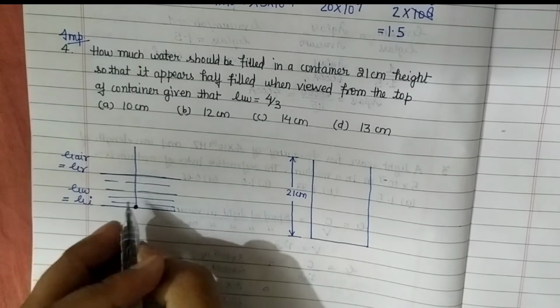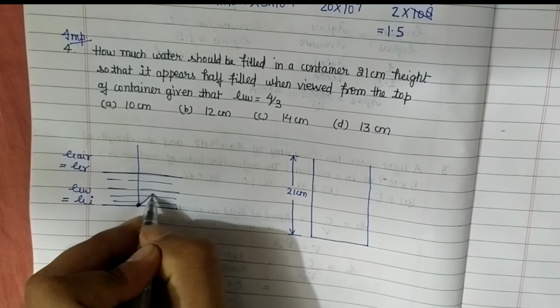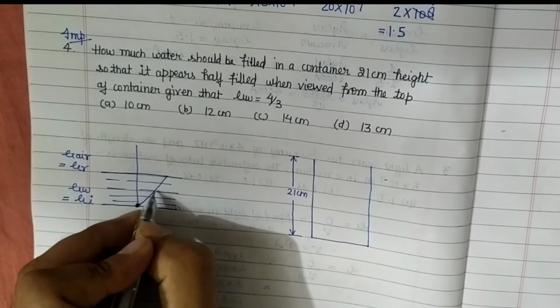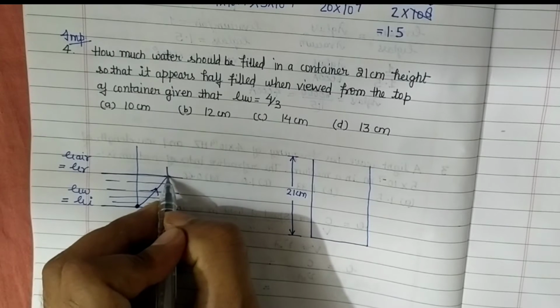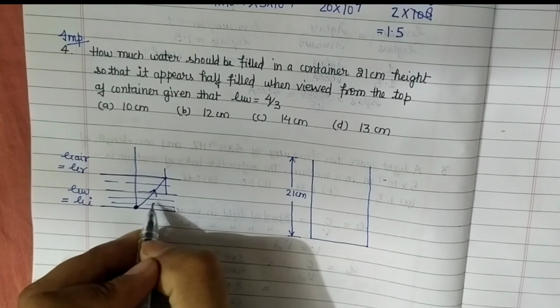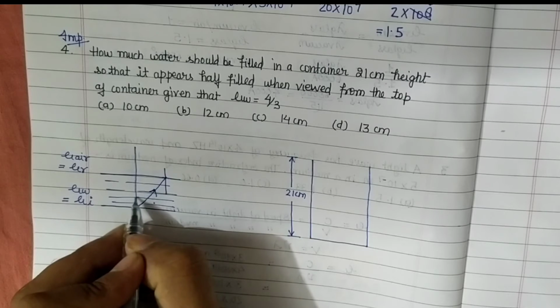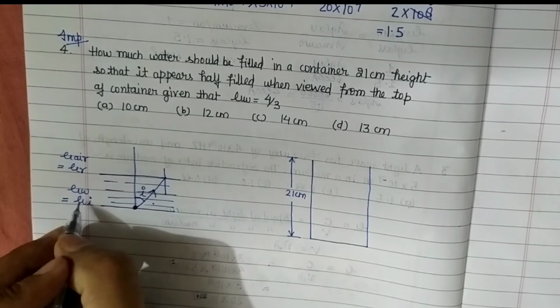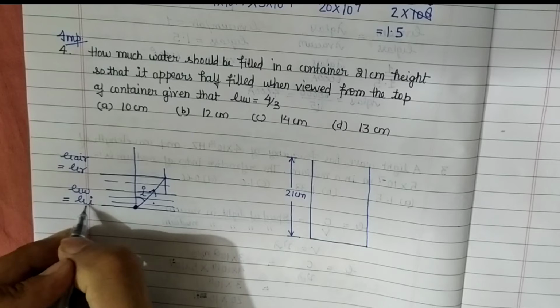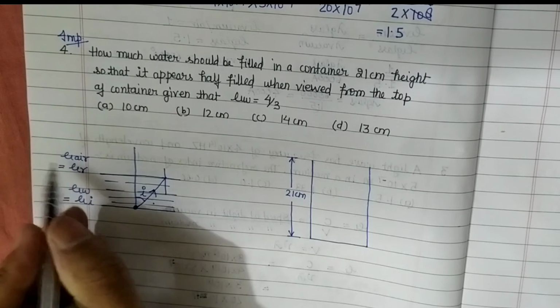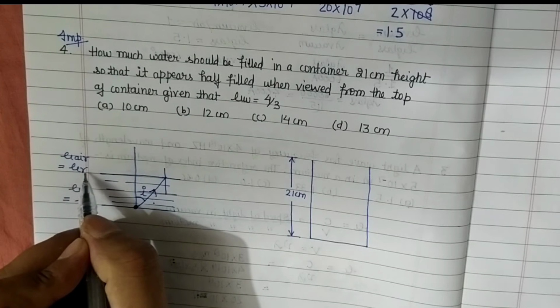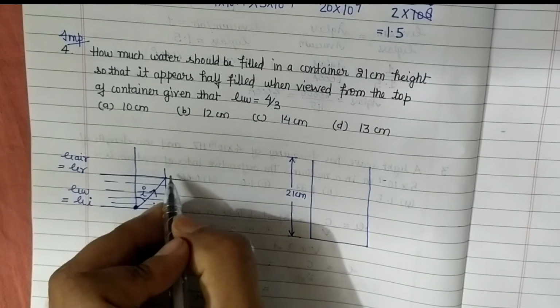Suppose from this object a light ray is going to this surface, after striking the surface, this is the incident light ray, this is I. That is why we are saying mu W is equal to mu I. Mu I means the refractive index of the medium in which the incident ray is present, and mu of air is mu of R, the refractive index of the medium in which the refracted ray is present.